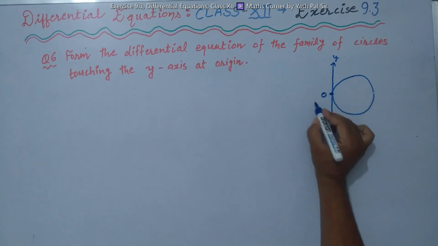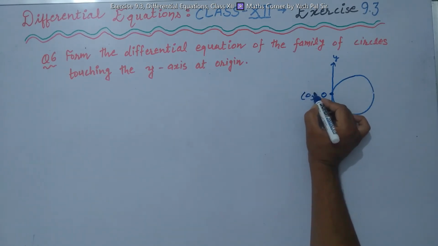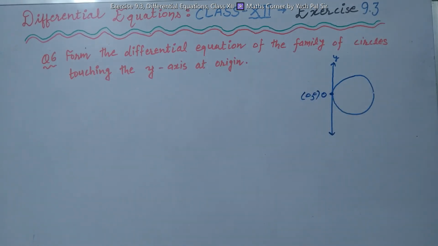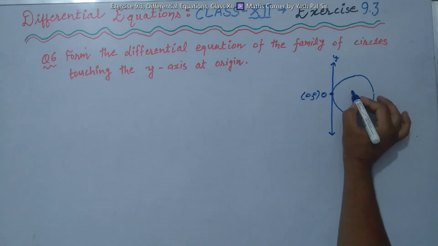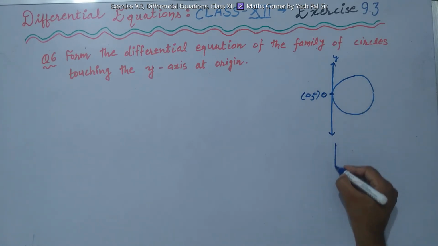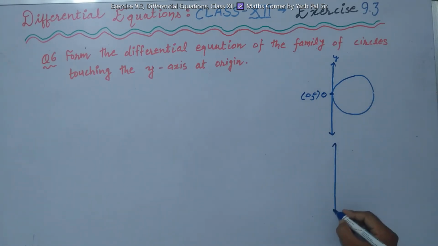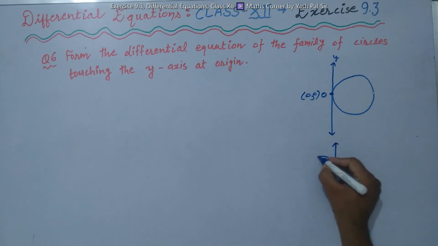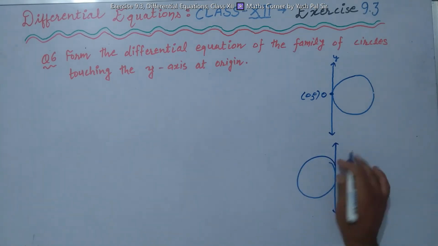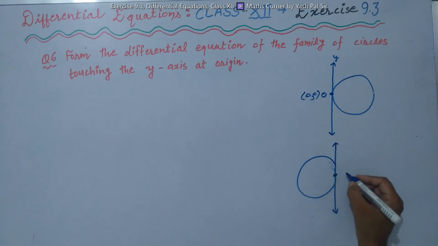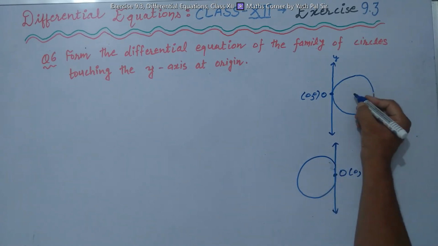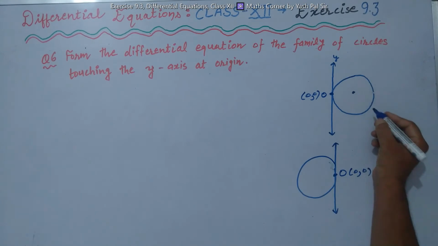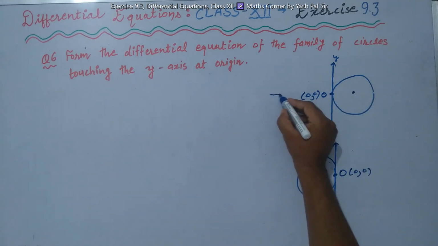So O is the origin, the coordinates of origin are 0, 0. So this may also touch from the left side also. So this way we can have the circle, this is the point O, coordinates 0, 0. Suppose the center of the circle, what will be the center of the circle?